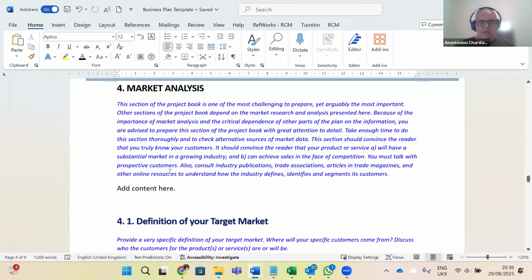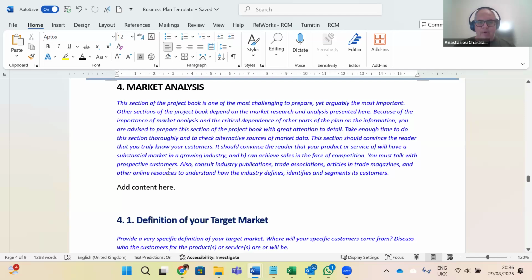And then section 4 can be very long and it can be very complex. Just like everything else here, you just try and do your best, okay? This is actually where you understand the market. It typically requires that you go and talk to people, that you have interviews and all that, and maybe you do some preliminary tests in the market.